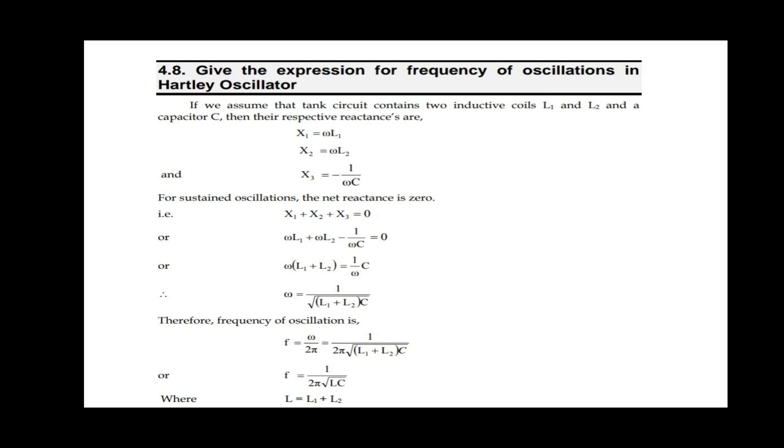The expression for the frequency of oscillation in the Hartley oscillator is calculated like this. Assume the tank circuit contains two inductors L1, L2 and capacitor C. Their respective reactances are X1 equal to ωL1, X2 equal to ωL2, and X3 equal to minus 1 by ωC, the capacitor being represented in negative terms.